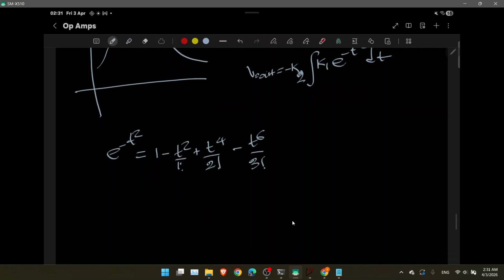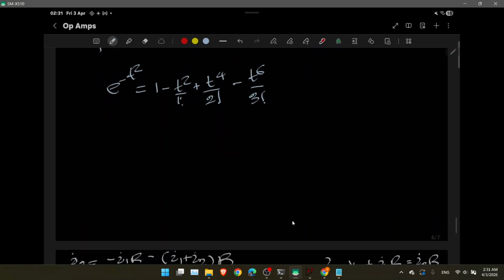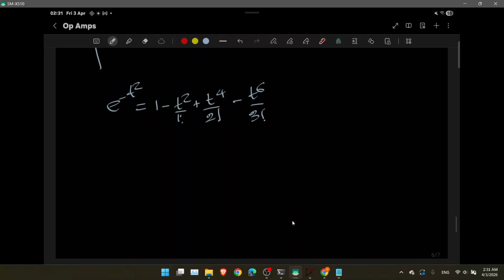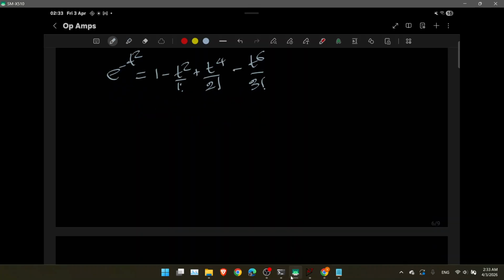I hope you have some intuition about the Taylor expansion. If you are not familiar with it, it's fascinating mathematics.